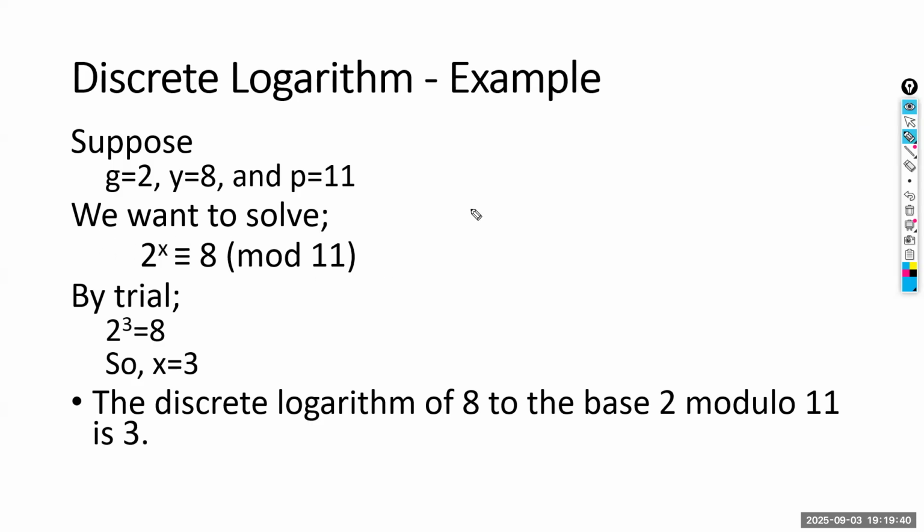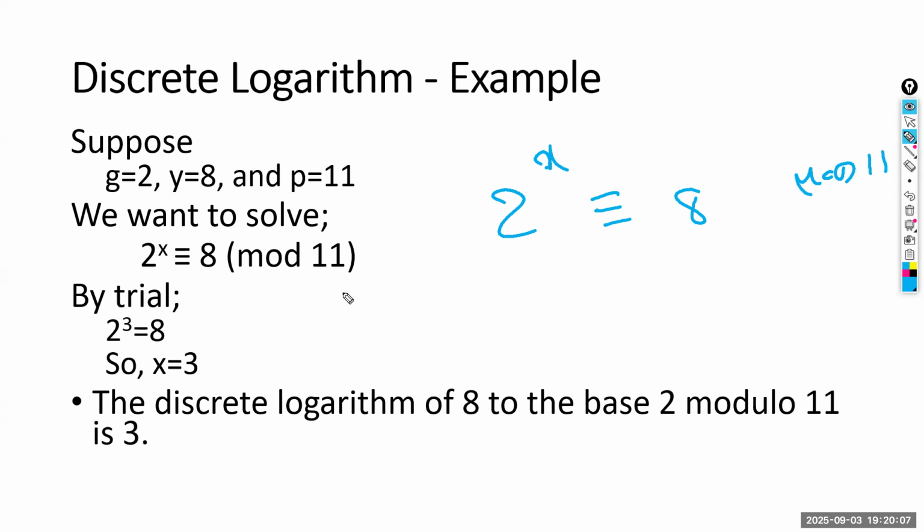So for example, if someone asks what is x if 2 to the power x is 8, you can straight away say it's 3. But this is 2 to the power x equal to 8 mod 11.